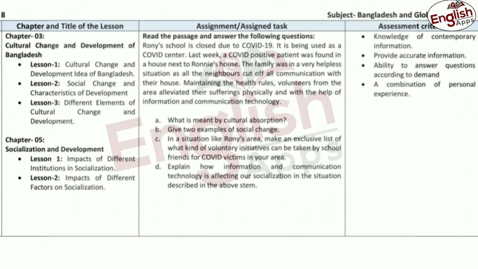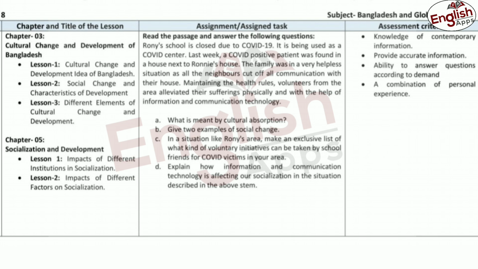Question number 2. Give 2 examples of social change. That means in chapter 3 there is some discussion about social change and you have been asked to write down 2 examples of social change. Question number 3. In a situation like Ronnie's area, make an exclusive list of what kind of voluntary initiatives can be taken by school friends for COVID victims in your area.